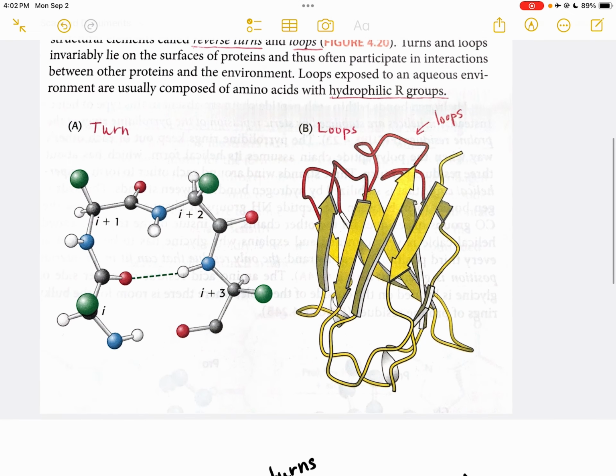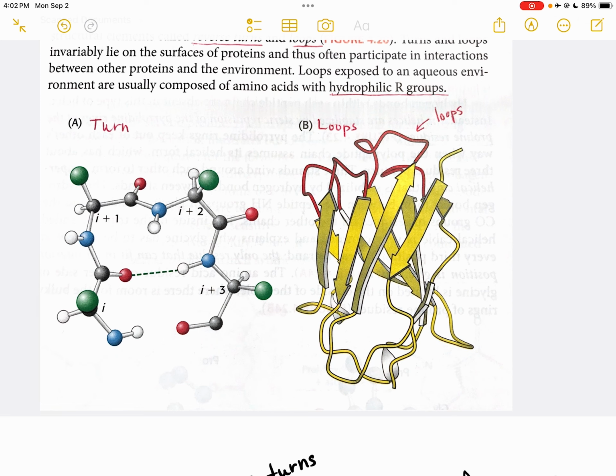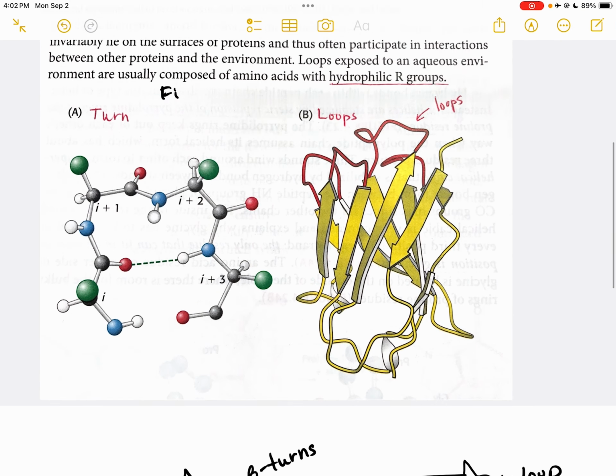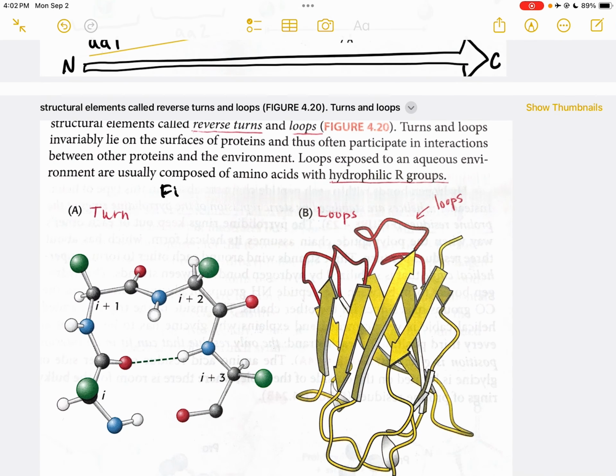So this picture up here, which is figure 4.20. Yeah, this is the structure of a reverse turn. So I wrote turn here. Sometimes it's called a reverse turn.